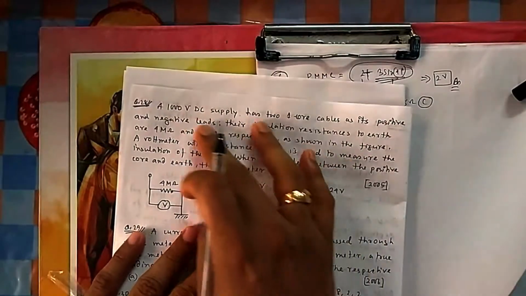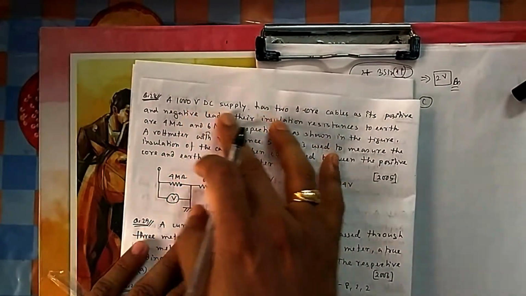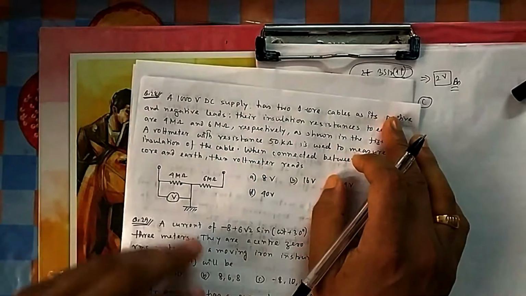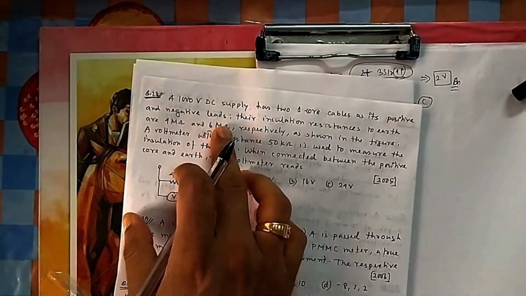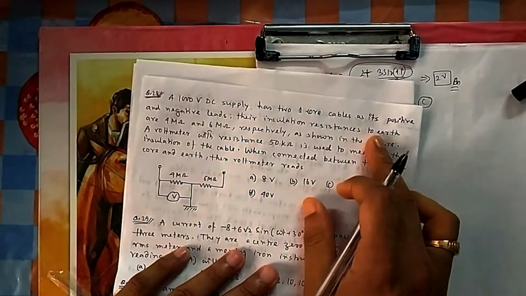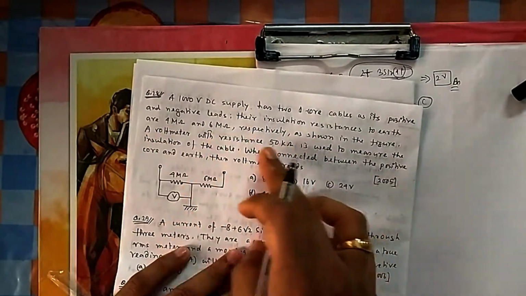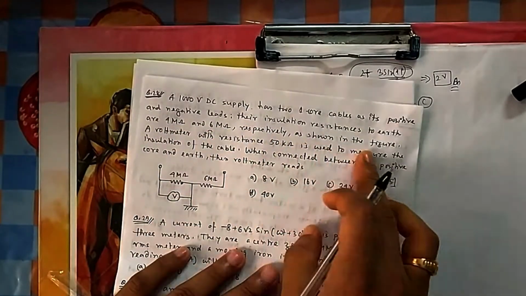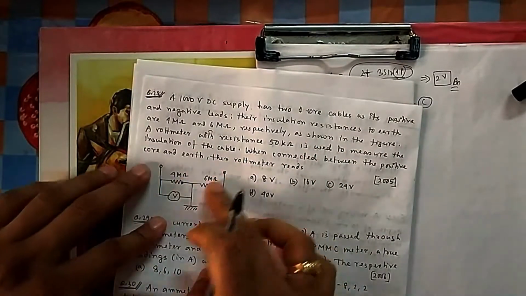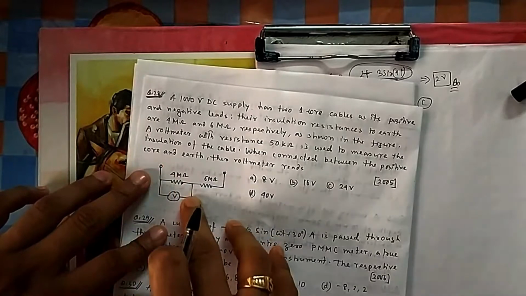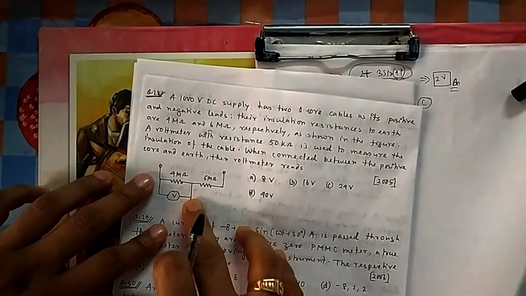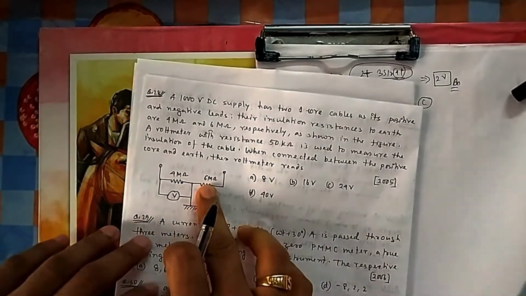Next, if you come to 28, the 1000 volt DC supply has two 1-core cables as its positive and negative leads. Their insulation resistances to earth are 4 mega ohm and 6 mega ohm respectively, as shown in the figure. So these are the two terminals, positive and negative. Through the positive terminal to earth it is 4 mega ohm. Through the negative terminal the resistance is 6 mega ohm.